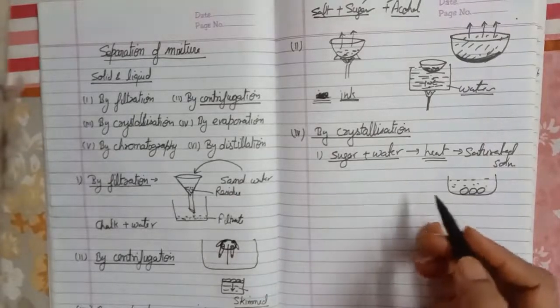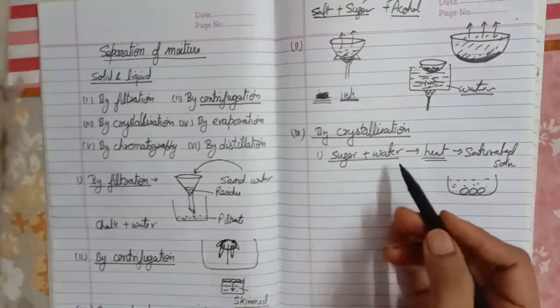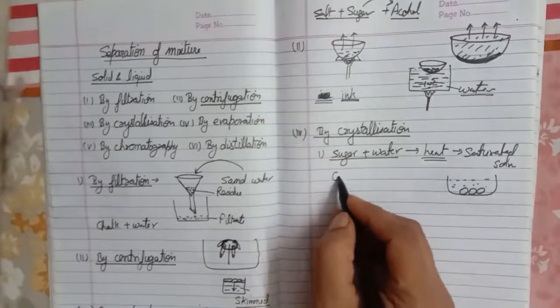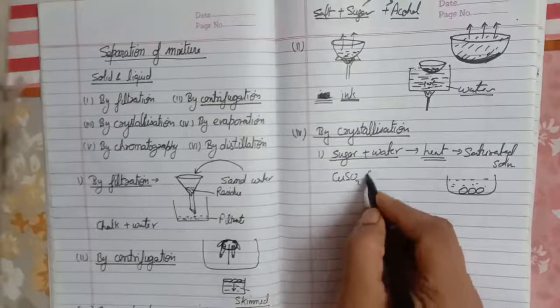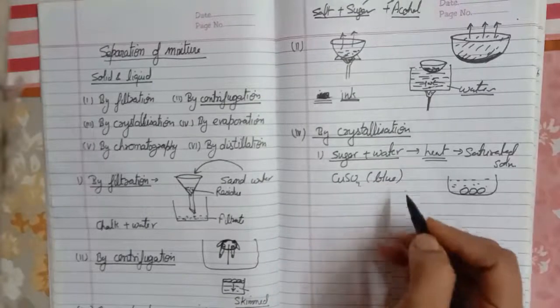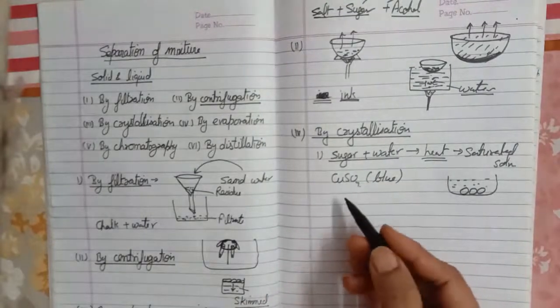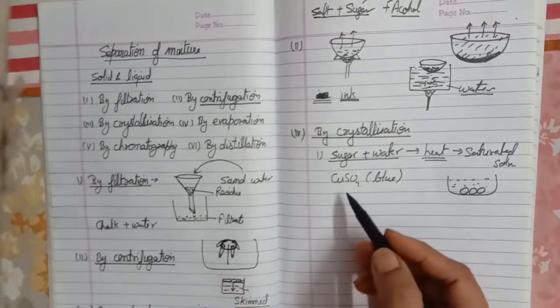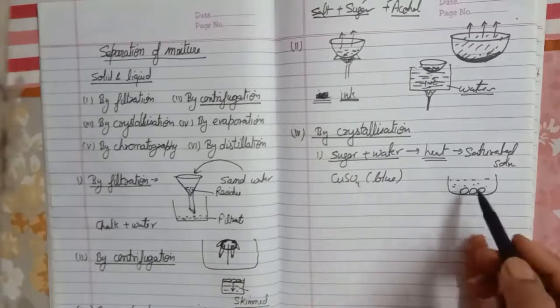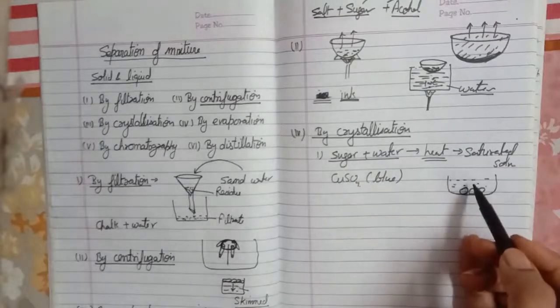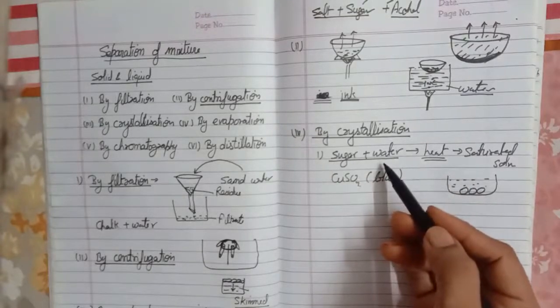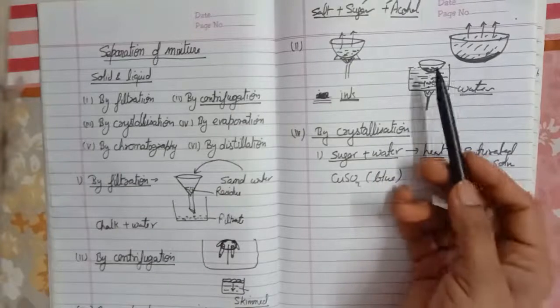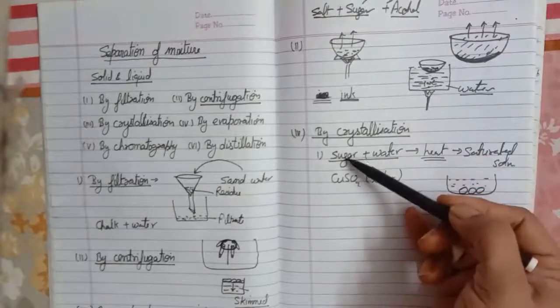This method is also used for separating sugar from water, and also copper sulfate from water. Copper sulfate is blue in color, and we can get crystals of copper sulfate by this method of crystallization. One more thing, about the impurities present in the solution. Suppose this sugar solution has some impurities in it. In the method of evaporation, the sugar will be mixed with the impurities.